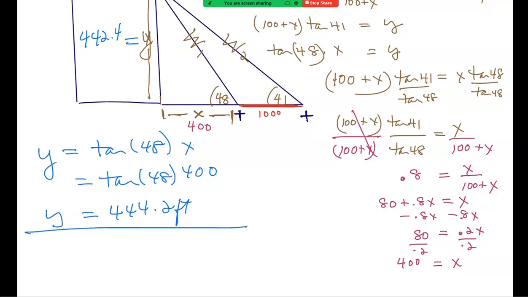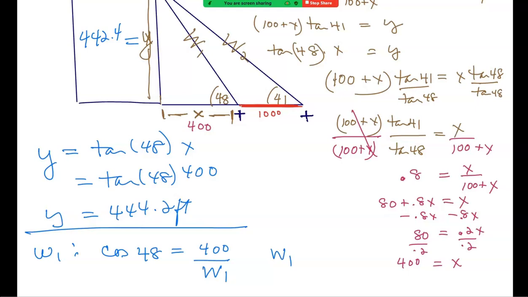Now let's get my wires. Use the small triangle to the left, and wire 1 will be our focus. I'm going to use cosine. The cosine of 48 equals 400 over wire 1.